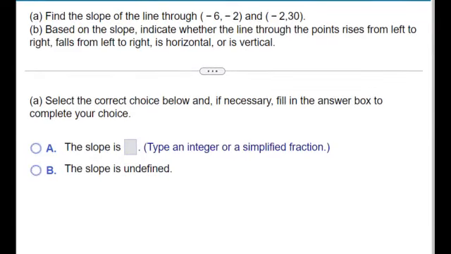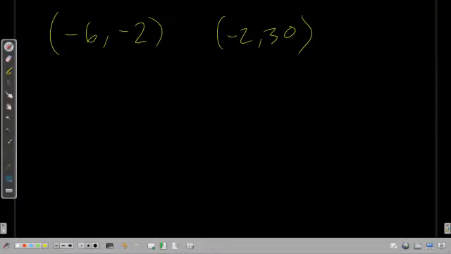I'm given 2 points. They want me to tell what the slope is, and they want me to say if that line goes uphill or downhill. And like I said, if there's some formula that you know, whatever. But if you don't know what I'm talking about with that, don't bother.